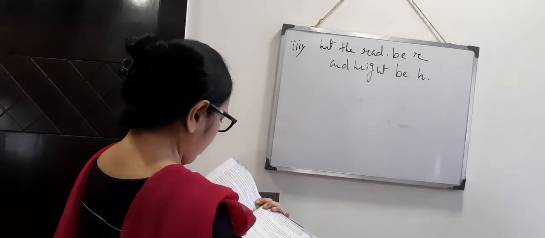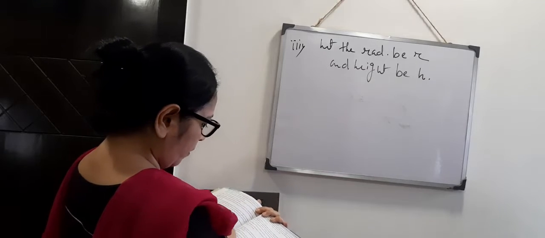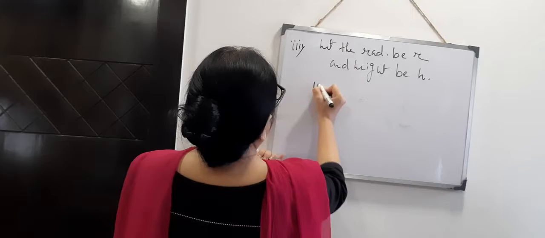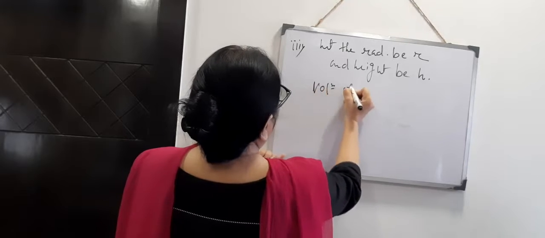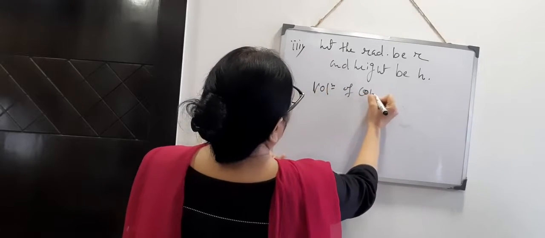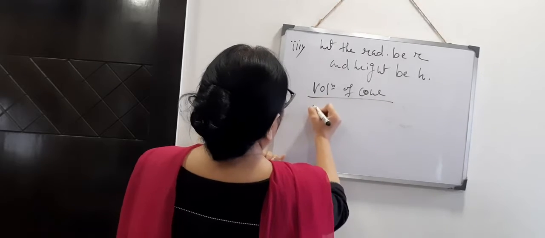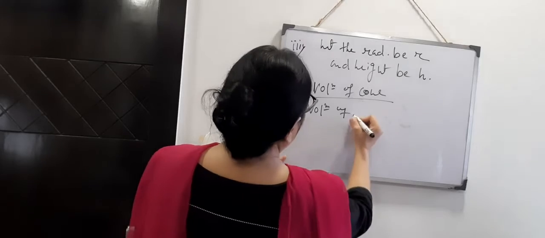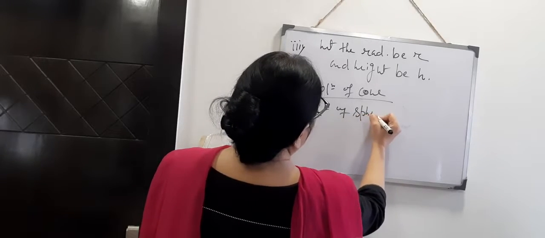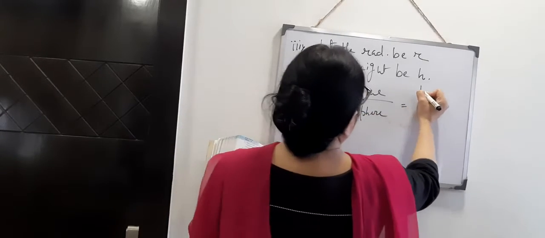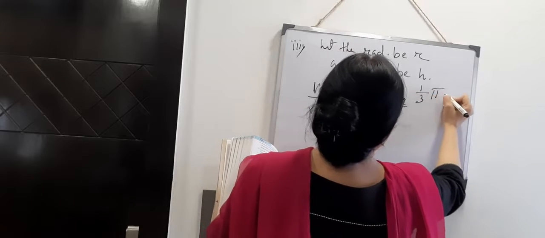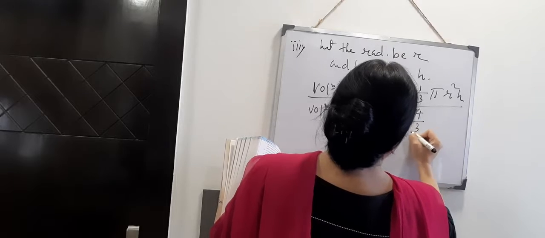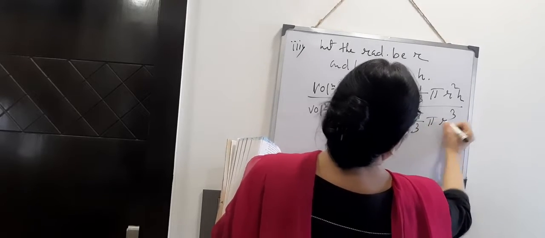Clear? Now here ratio of volumes of right circular cone and sphere. Volume of cone divided by volume of sphere, you have to calculate. Volume of cone 1 by 3 pi r square h, and volume of sphere 4 by 3 pi r cube.